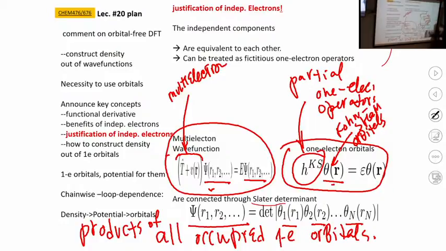We are allowed to practice the separation of variables because there is no term that will mix R1 and R2, right? The total energy will be the summation of the energy of all orbitals, and if we add together this little h, we will get our overall Hamiltonian.